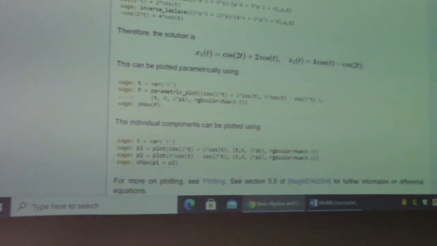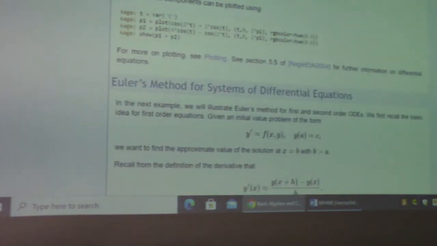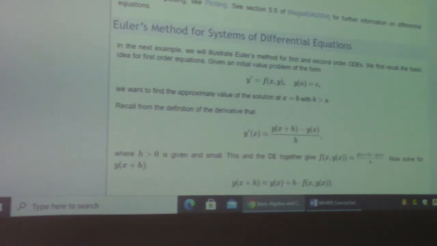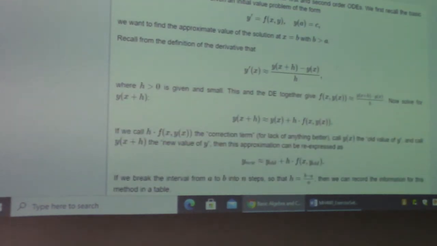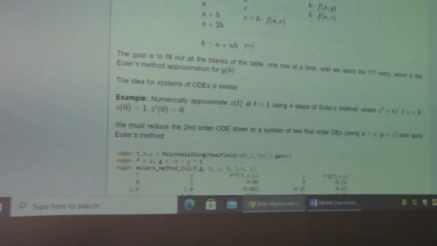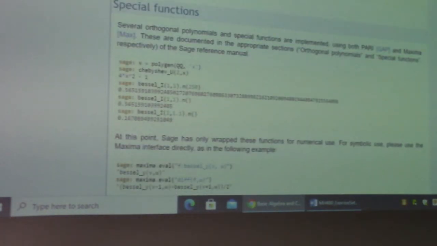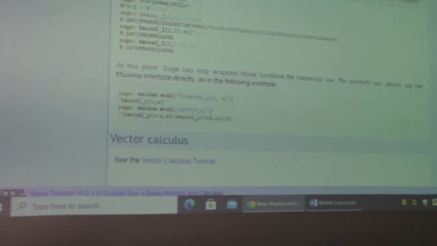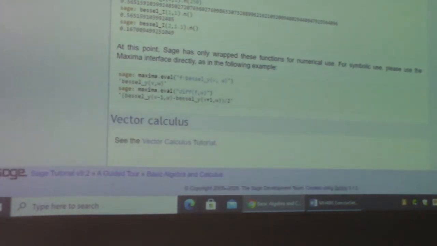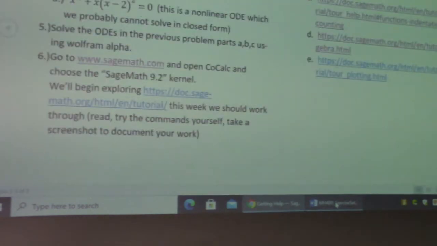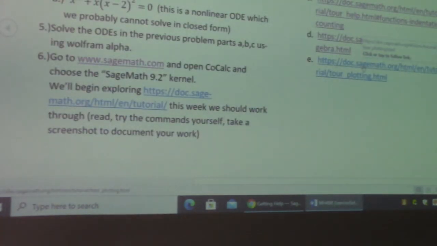Okay, well, anyway. I don't think we need to learn how to take Laplace transforms in here. And I think Euler's method for systems of differential equations is essentially irrelevant to us in here. Let's get past that. Special functions, bless their heart, but we'll move on. That's the end of that part. Ah, plotting. This is the end right here.